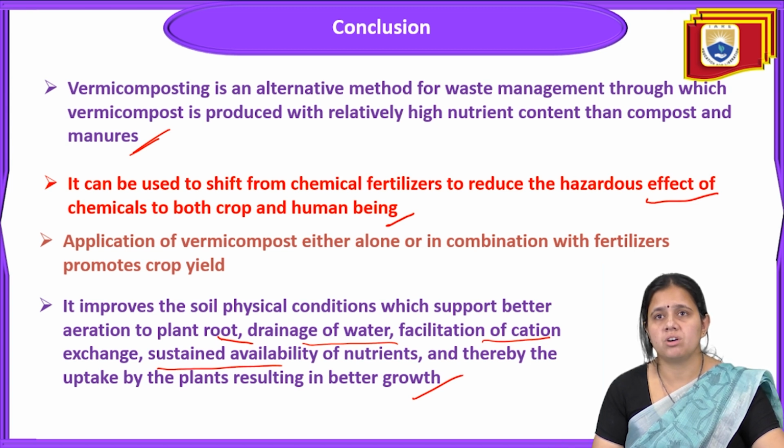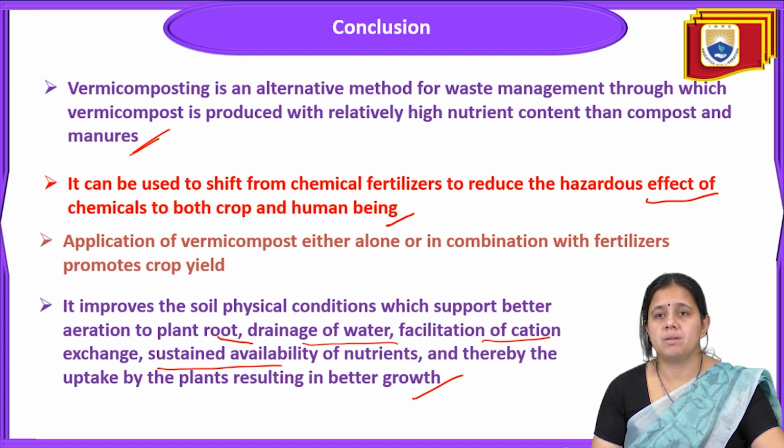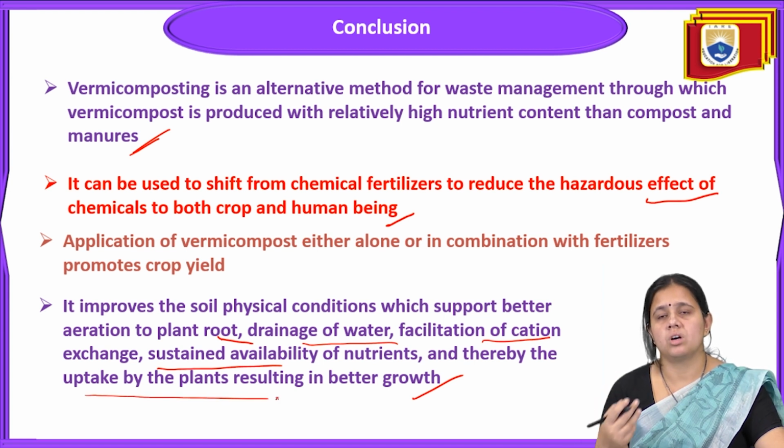So the positive effect of using this vermicompost is physical. It will improve the physical condition of soil, with better aeration of plant roots, drainage of water, facilitation of cation exchange capacity, sustained availability of nutrients, and thereby the uptake by the plants, resulting in better growth of the plant.